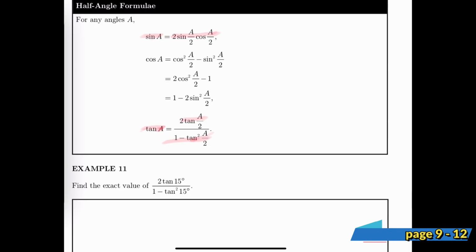But similar to double angle, only cos has 3 different formulas. So which one to choose from? It depends on what type of information you have in the question. You must choose carefully when it comes to cos A.